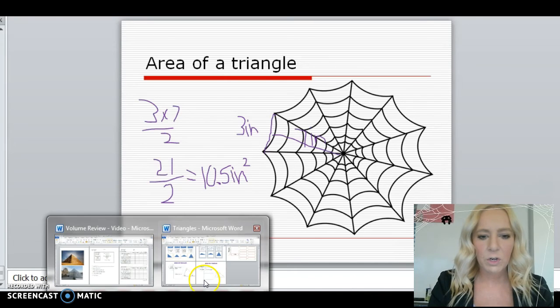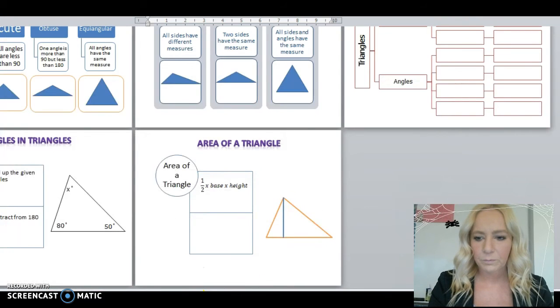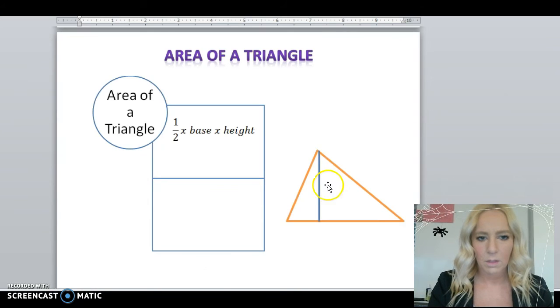All right, let's refer to your graphic organizer. So let's first highlight or label the base. So this is the base of the triangle, labeled as your base.